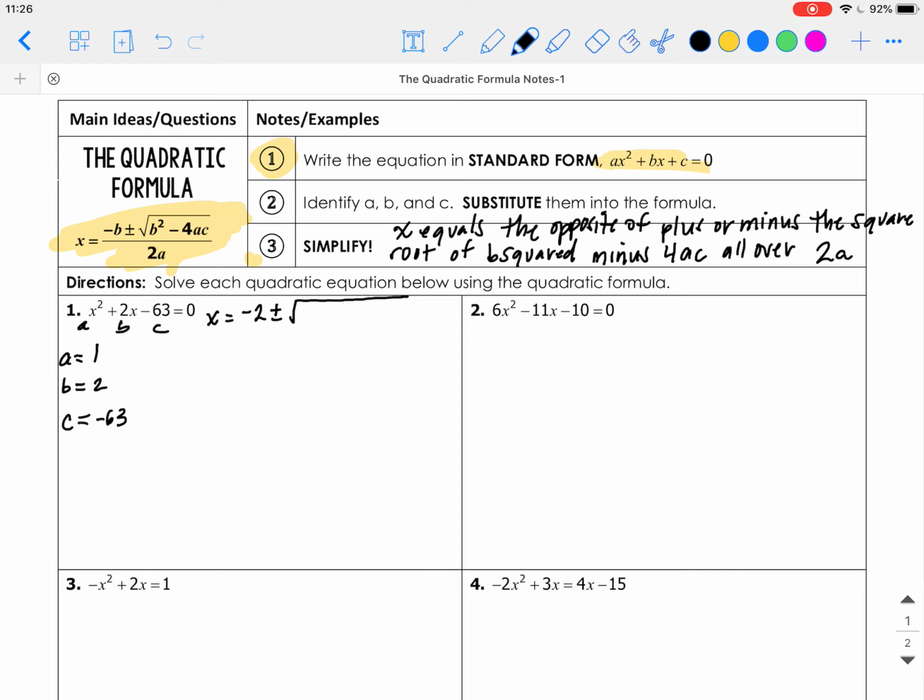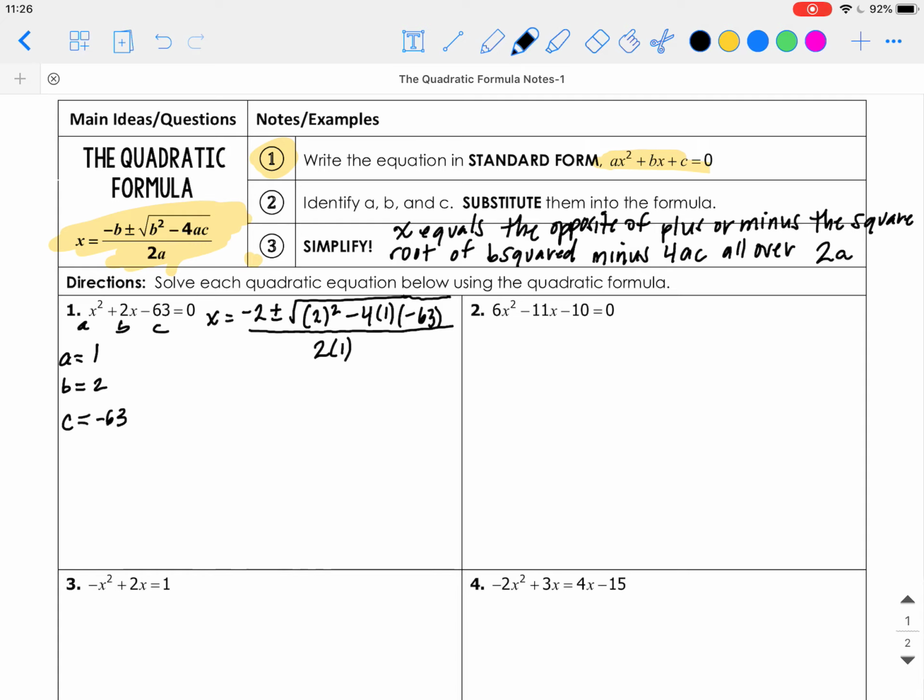Get in the habit of plugging in things with parentheses, especially under the radical, because you're going to notice that with all these sign changes and squaring and simplifying, it's going to get a little hectic. So I have b squared, we know b is 2, so I have 2 squared, minus 4ac, so a is 1, and c is negative 63. And this is going to be all over 2a, which is 1.